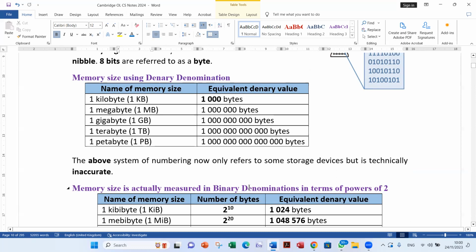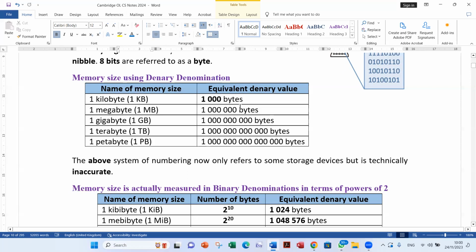We love in computer science that anything is on the scale of powers of 2. So a conventional kilo, a kilogram, is 1,000 grams. If the exam is telling you about kilo, then it is 1,000. Kilobyte is 1,000 bytes. If the exam is giving you kibibyte, it is 1024. Why? Because it is 2 to the power of 10.